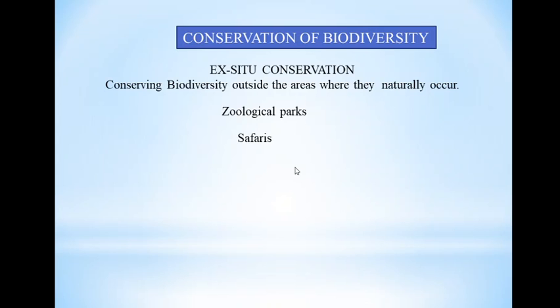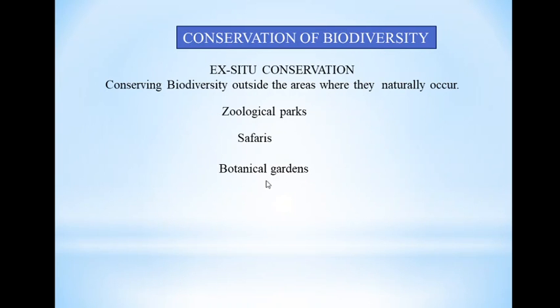We see different safaris, such as the lion safari, tiger safari, deer safari and crocodile safari. There are different types of safaris, especially for different organisms. The safari practice is made mainly for educational and recreational purposes.